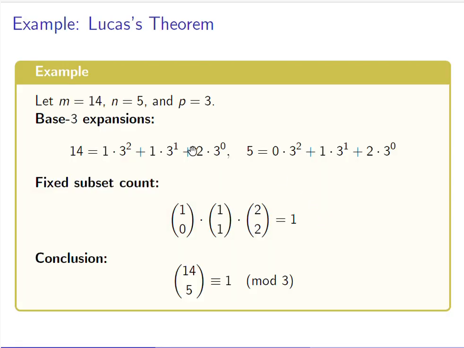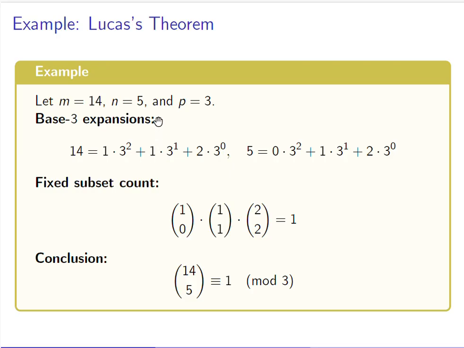Okay, so let's do a quick example. If you take m to be 14, we're looking at base 3. The highest power of 3 that is less than 14 is 3 squared, which is 9. Remainder 5, so that's 1 times 9 plus 5.